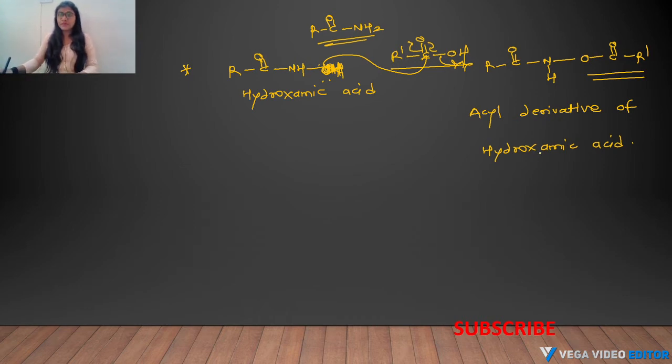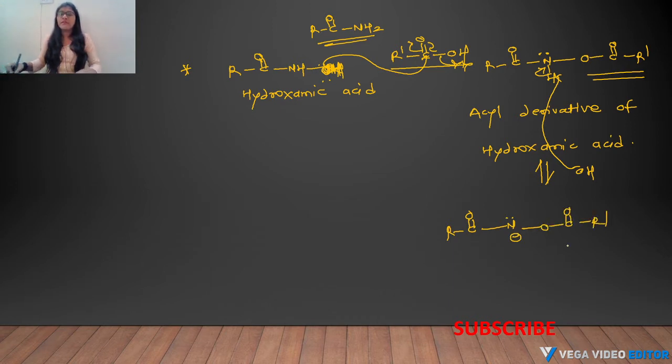Then this step is reversible in presence of base. Here base abstracts acidic proton. Here which proton is acidic? This proton is acidic. Base abstracts it, and we get here R, CO and here negative charge on nitrogen.